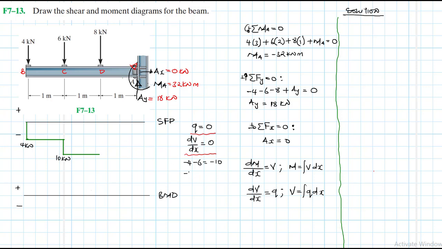Both of them are negative, so minus 10 minus 8, which gives us minus 18. So we expect a downward movement, maybe up to somewhere there.